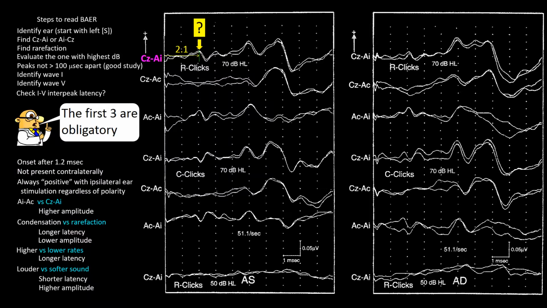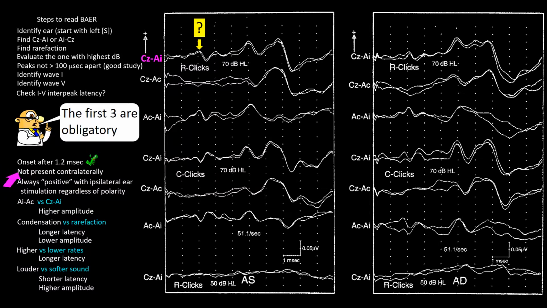In this tracing, the latency to the suspected wave 1 is 2.1 milliseconds. So, as you see, it is consistent with the putative wave 1 being the real wave 1.